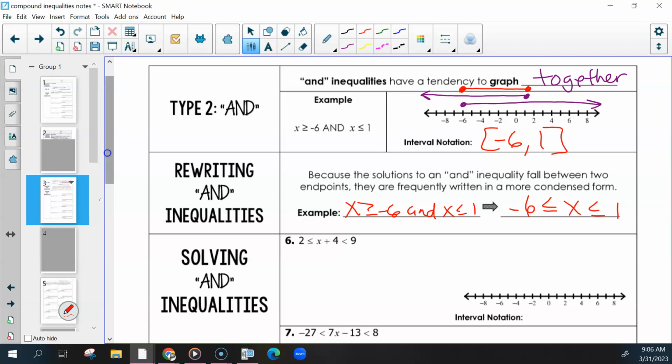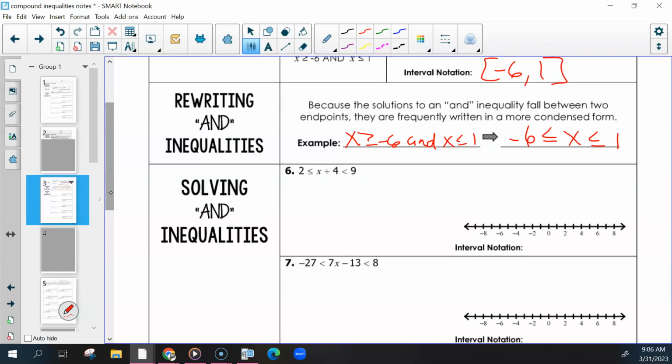So we've seen that before when we've done domain, and that's basically what it was. Between two numbers, from this number to this number and everything in between. So when we write our answers, they'll need to be in this format.